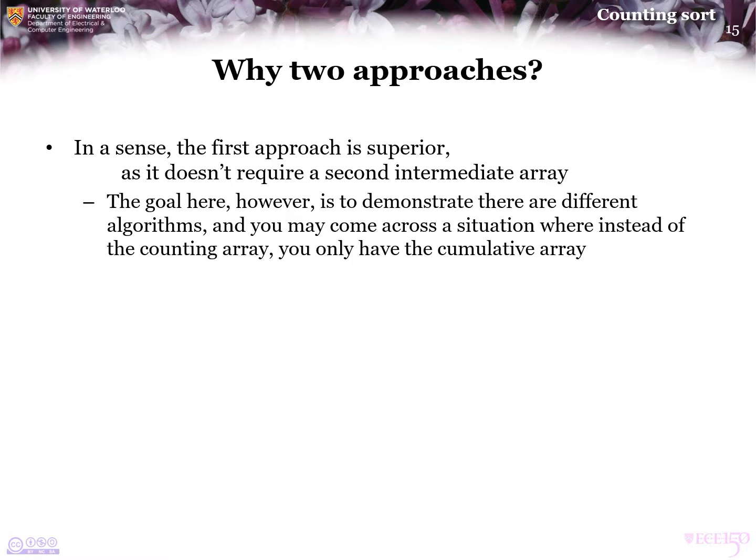And in reality, you may come across situations where instead of having a counting array of values, you may actually only have the cumulative array, in which case you could just use that directly to fill up the final array. Again, it's just a second approach and therefore a different idea that you can consider if necessary.